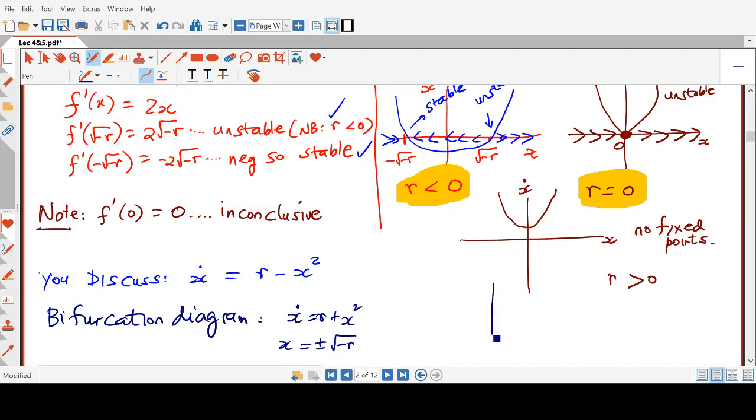So the bifurcation diagram looks like this. This time it's x versus r. X versus the parameter, how things change with the change in the parameter. Now you'll find that when r was less than 0, this thing was alive. So it had the shape of root of r like this. This is minus root minus r.